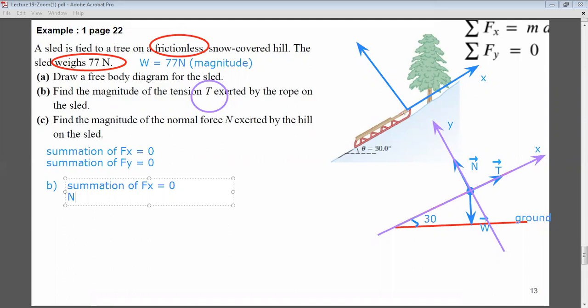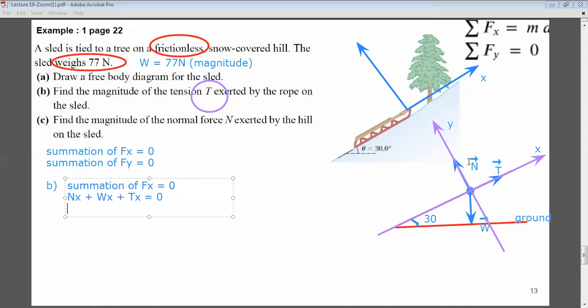So I have Nx plus Wx plus Tx is equal to 0. Remember, this is the summation of vectors algebraically. So summation of Fx equal to 0. This means the x component of N plus the x component of W plus the x component of T is equal to 0.